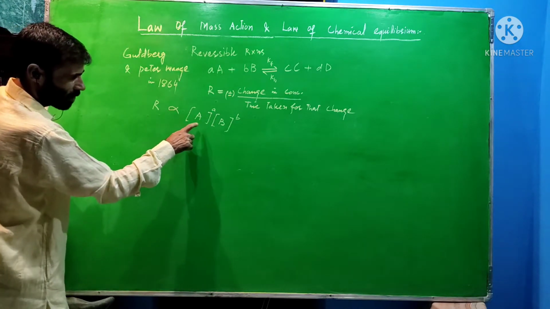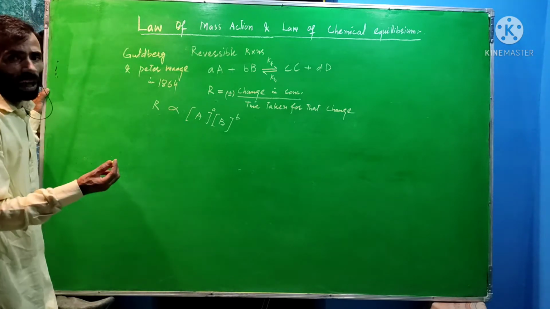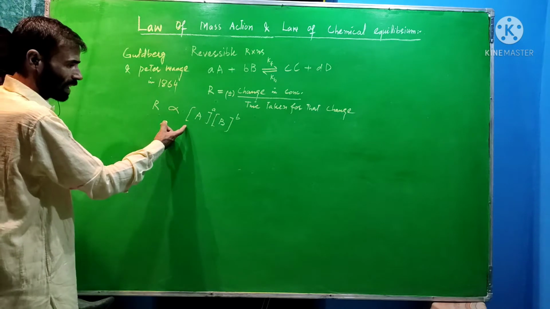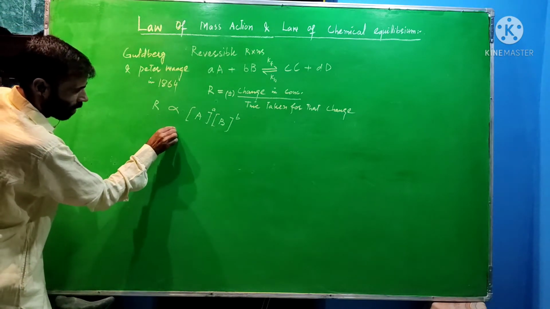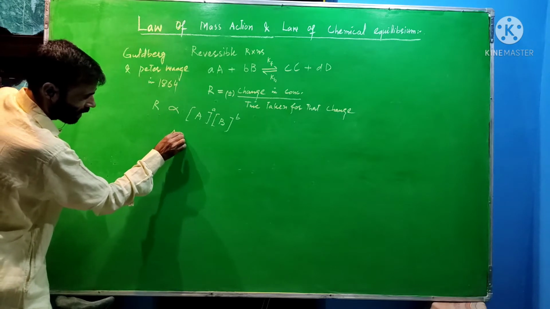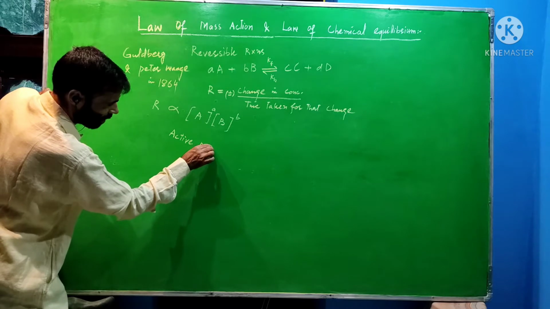The terms which we have put within these parentheses are the molar concentration. Earlier they were called active masses. Now we will first of all take this point, active mass. What is the active mass of any substance?